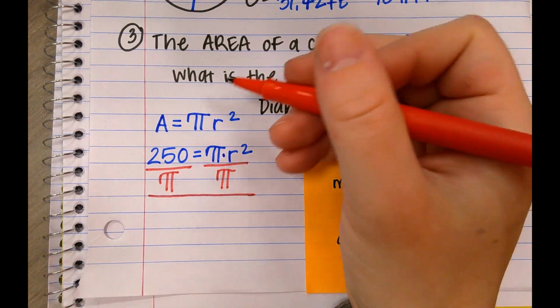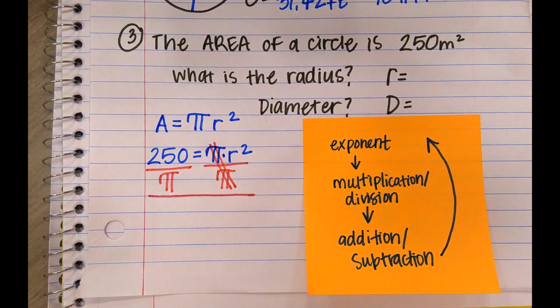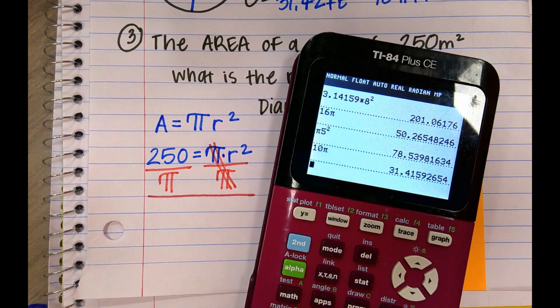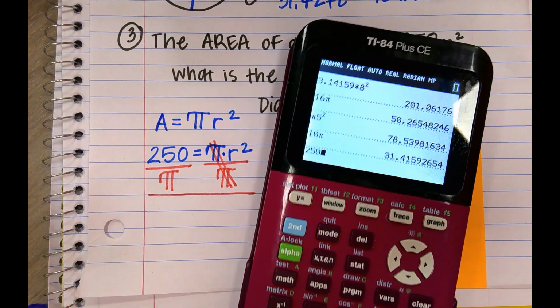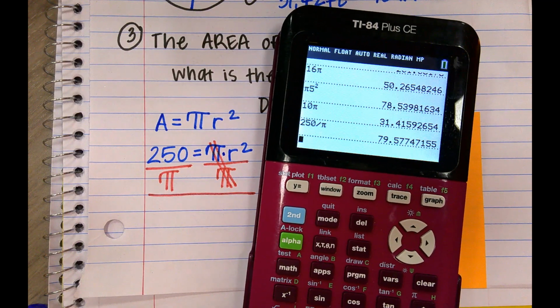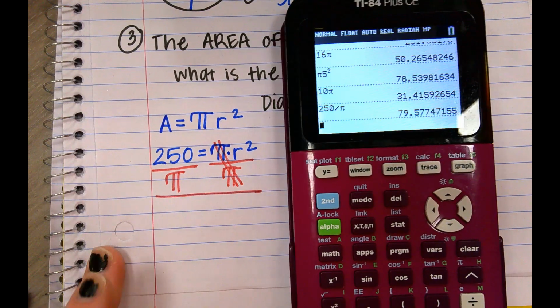Now on the right side of my problem, my pi's cancel. On my left side, we'll do an approximation. We'll get a decimal number here. So I will type 250 divided by pi. And I got, I'll let you guys type it in too.